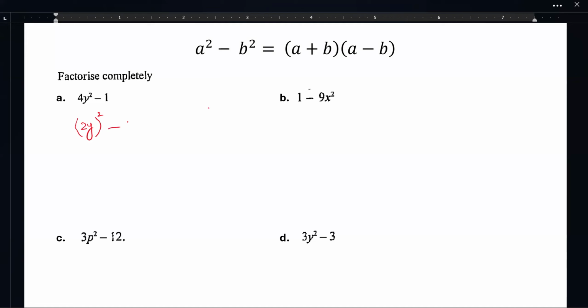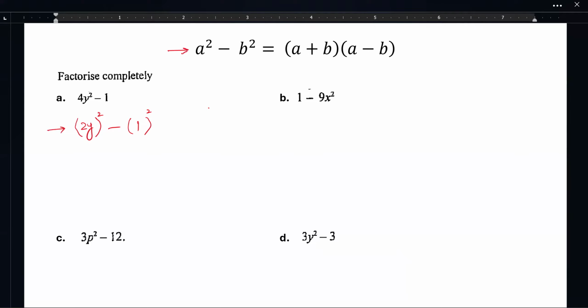Now, in the second part, what should be under the square? It's going to be 1. Why? Because 1 squared remains 1. That's why it's going to be 1 squared. Now I fulfill the first condition in this step.